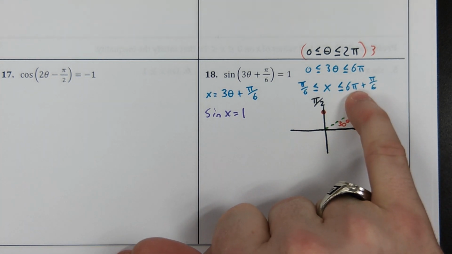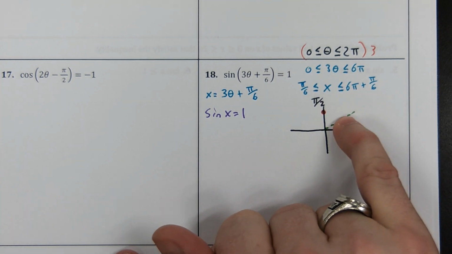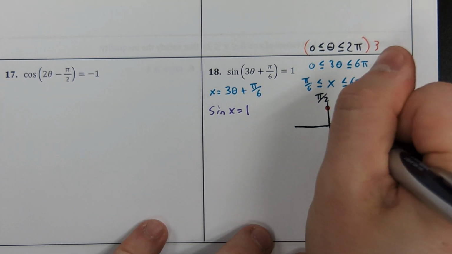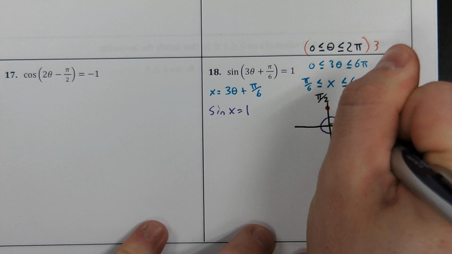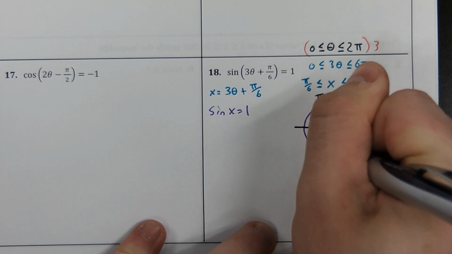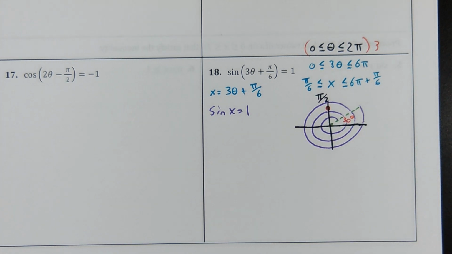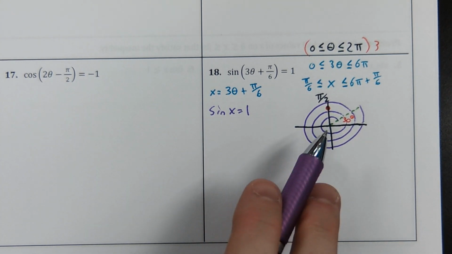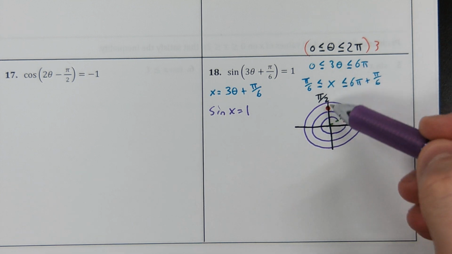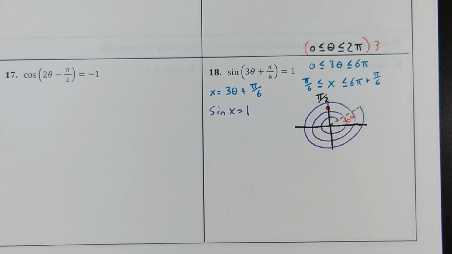And by the way, this is 3 circles past this green line. So it's going to look like this. There's 1 circle. There's 2 circles. There's 3 circles. I hope you can see that my purple curly Q deal hit this angle 3 times. So we have to say the first one's pi over 2.